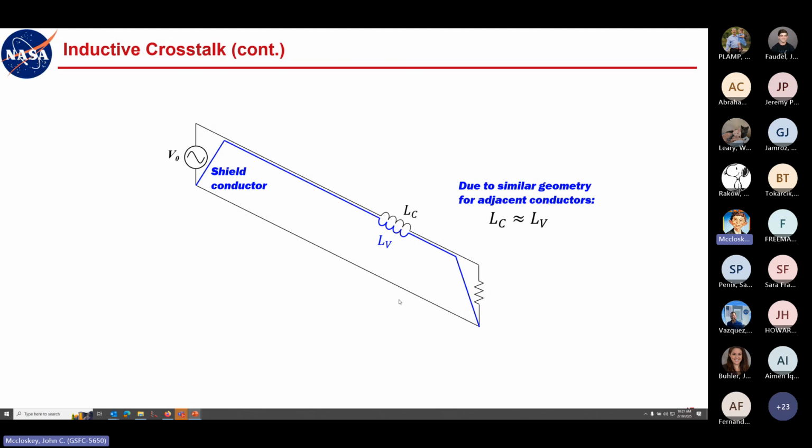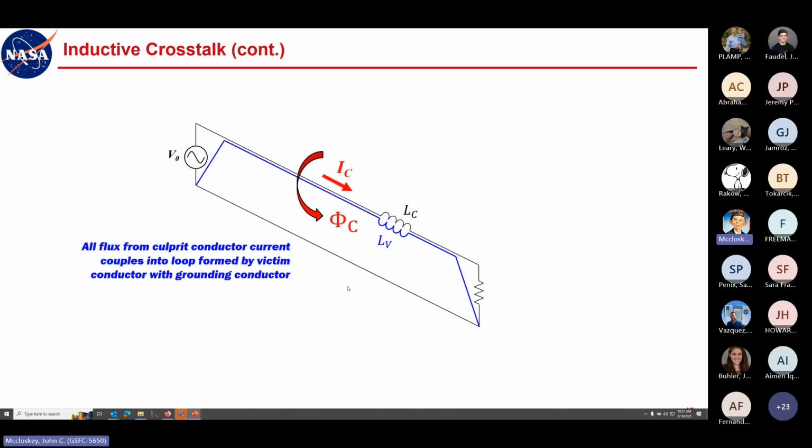Well, we can see from the similar geometry, we're talking about culprit and victim in basically the same bundle. We can say to first order that those inductances are approximately equal, the same geometry. It's the same wire above the same signal reference, so it's the same loop area. To first order, we'll say that those partial self-inductances are equal.